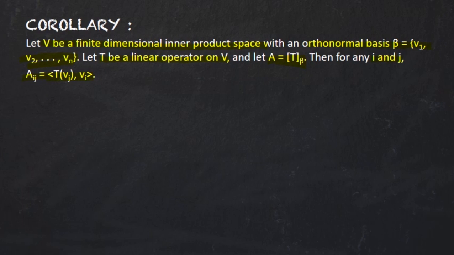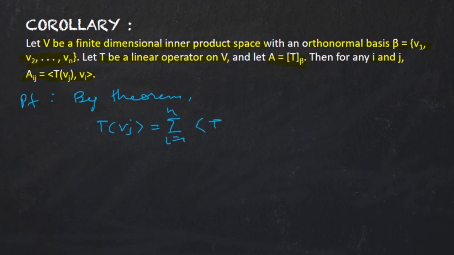So by the theorem, what do we have? We can write T vj as the summation, i varying from 1 to n, of the inner product of T vj with vi, times vi.